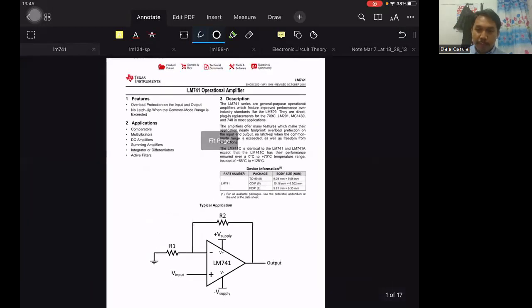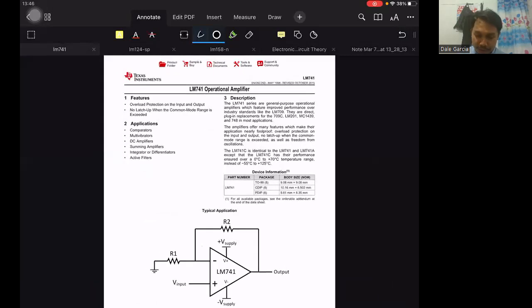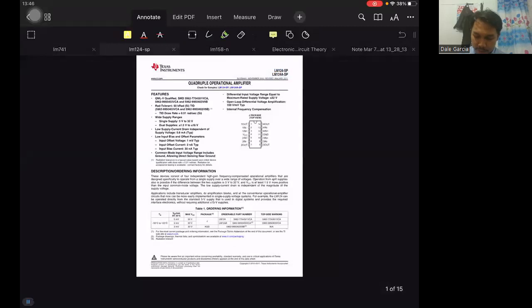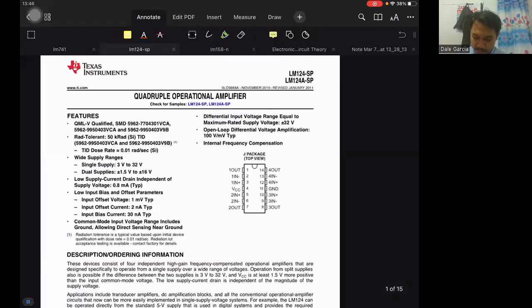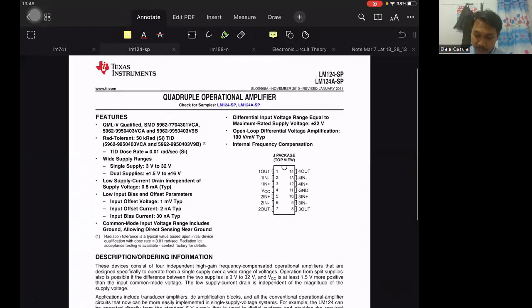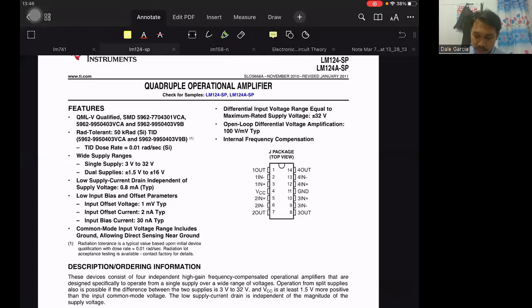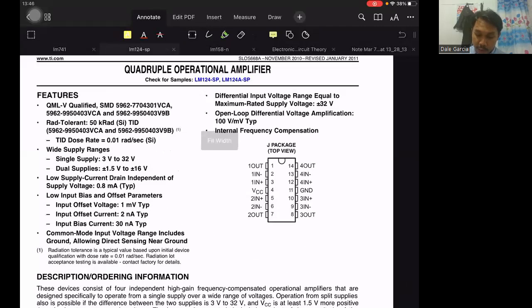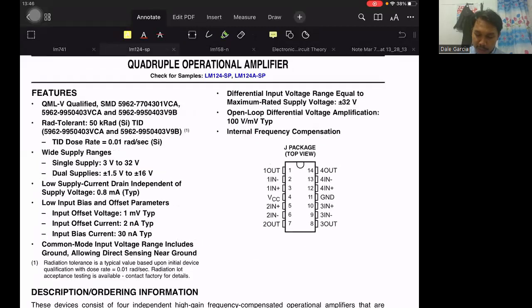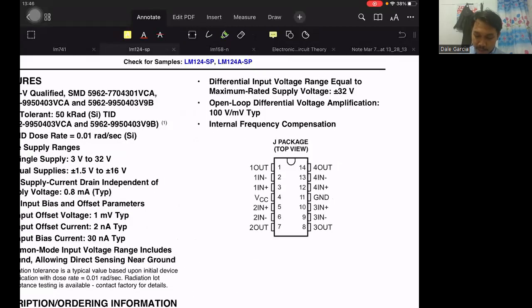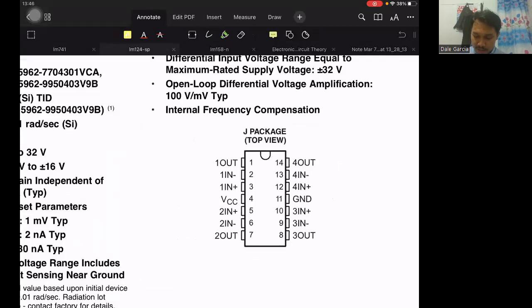We also have another op-amp package, the LM124 op-amp. This is a 14-pin op-amp. This is the quadruple op-amp, quadruple because inside our IC are 4 operational amplifiers.